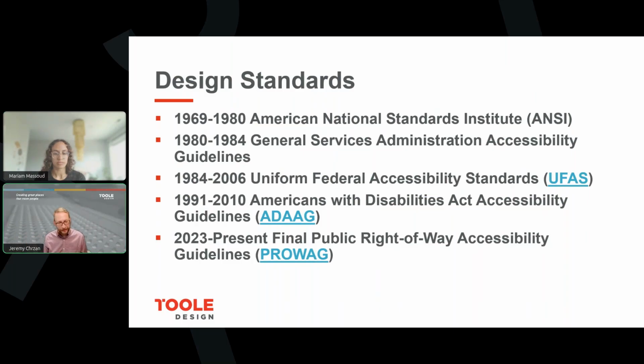But what we ultimately needed was accessible design guidance for the built street environment, because streets are so unique and are the main transportation hub of our country. And so how do people use that transportation facility in an accessible way to navigate that built environment?